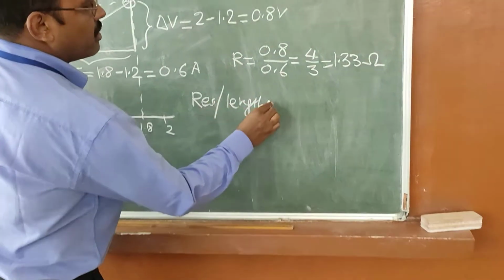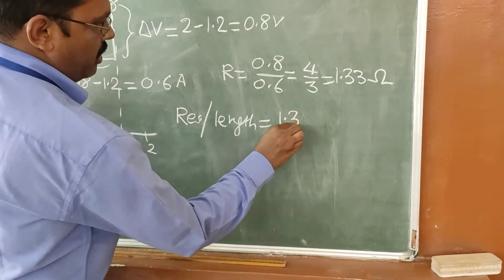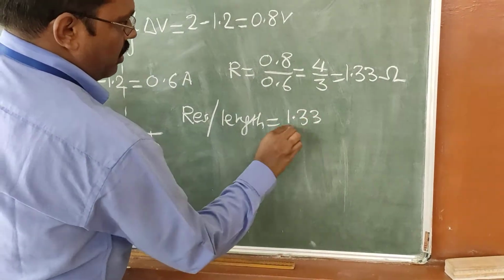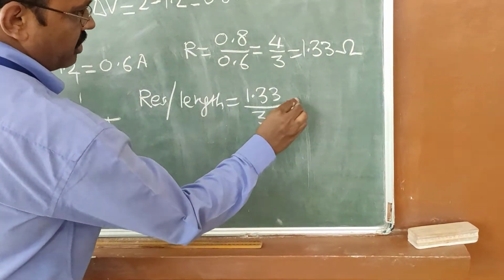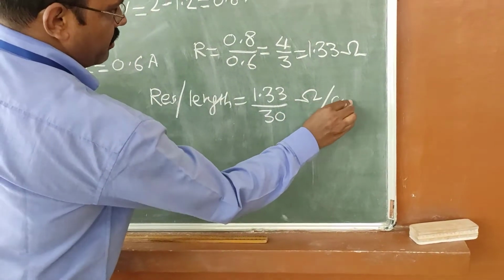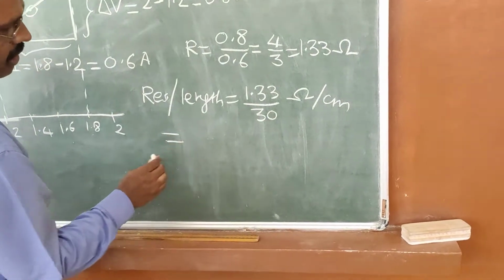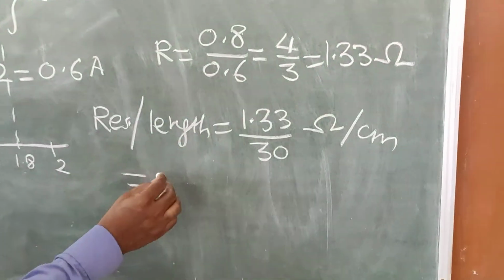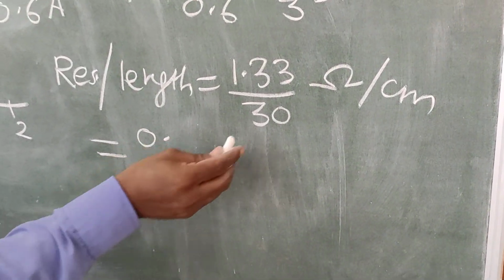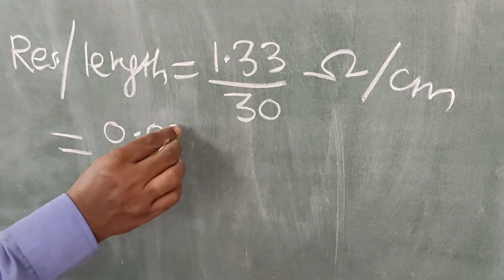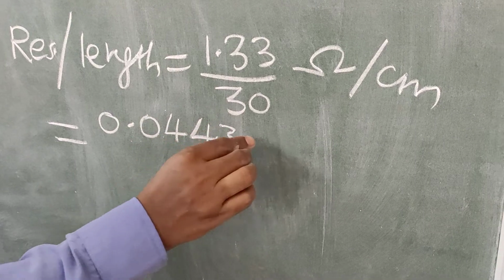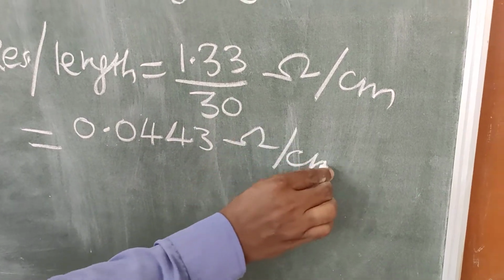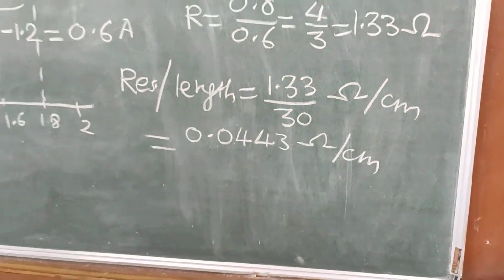So 1.33 divided by the length, which is 30, will be ohm per centimeter.